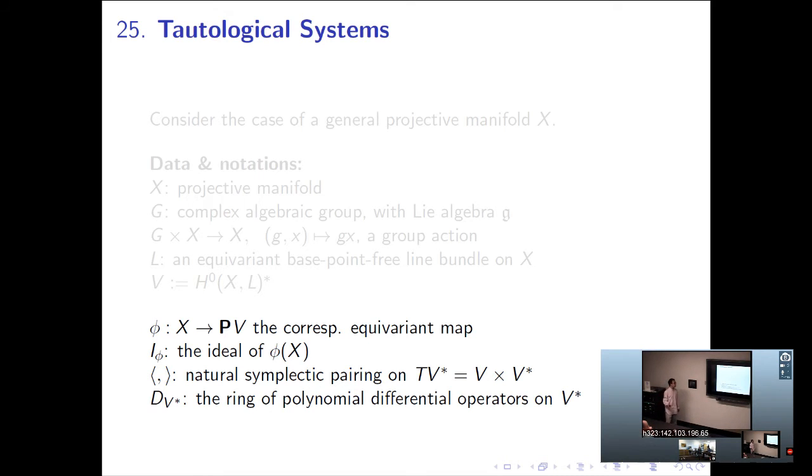And let me denote the ideal by I sub V. And denote the natural pairing on V cross V star by the bracket. And we have the ring of polynomial differential operators on the section space, which I denote by D V star.